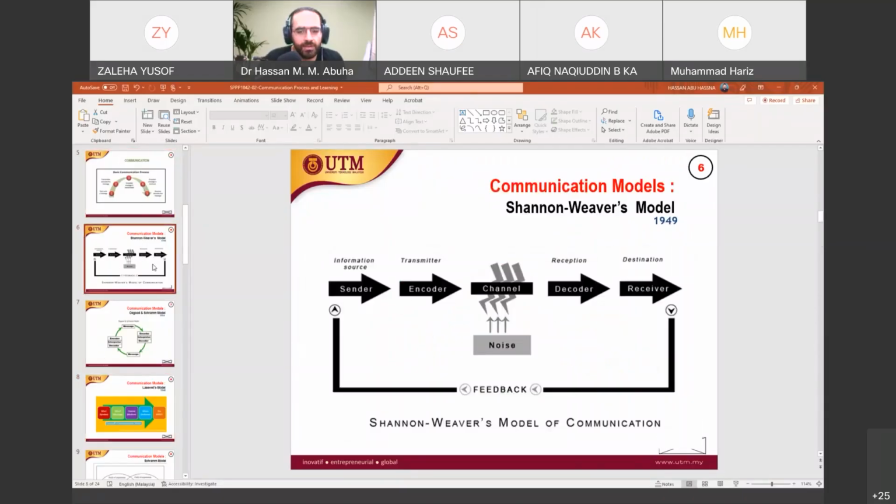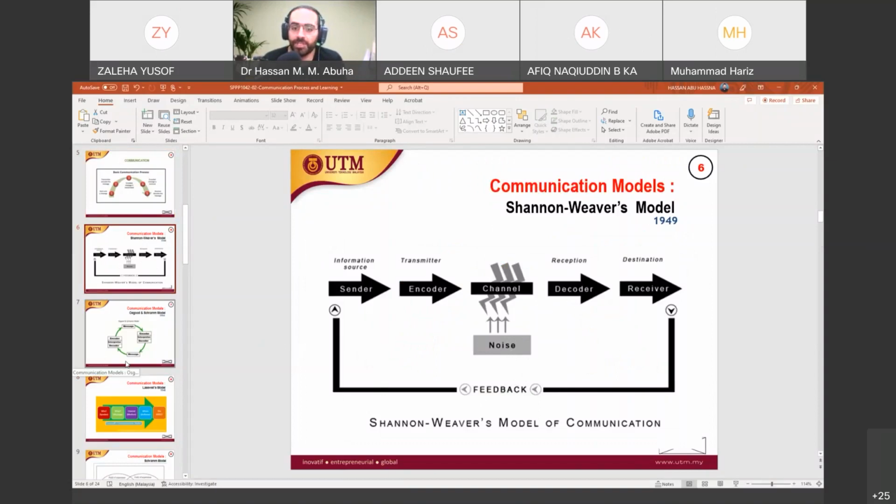We have the channel, and he claimed that noise affects the channel of communication. For other people, you need to consider the models without confusing each one of them.